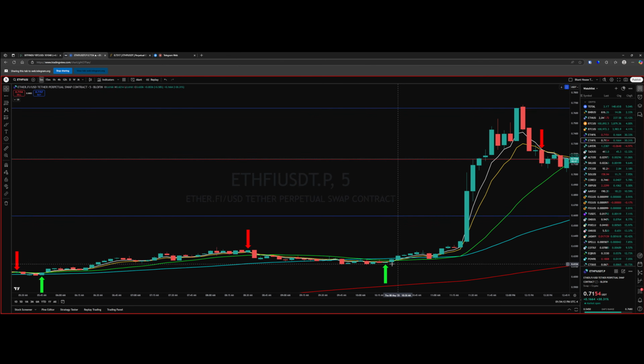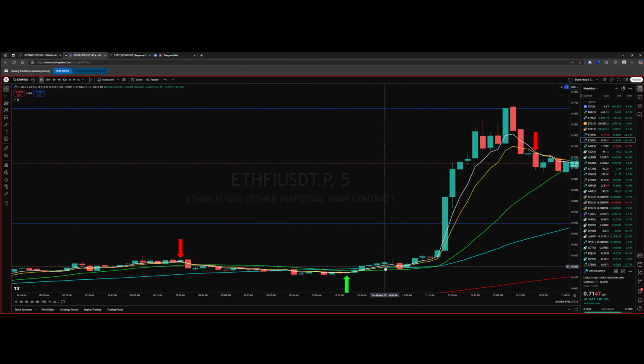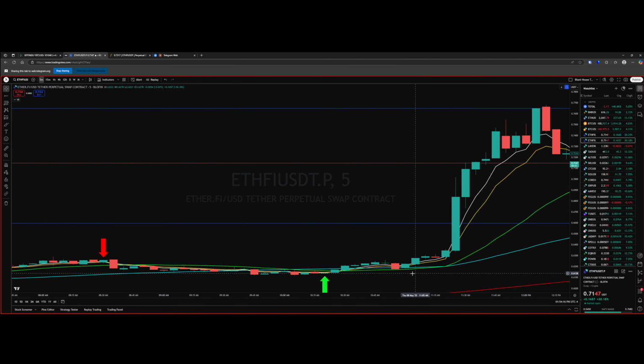I try and put my stop in, so if I was to enter here, let's say I would enter on this candle, my stop would be somewhere down here. Part of the reason I drop my time frames down is because I want to get a good entry.